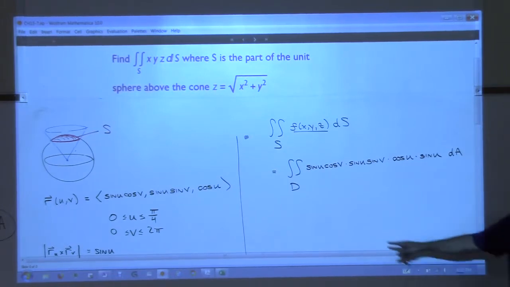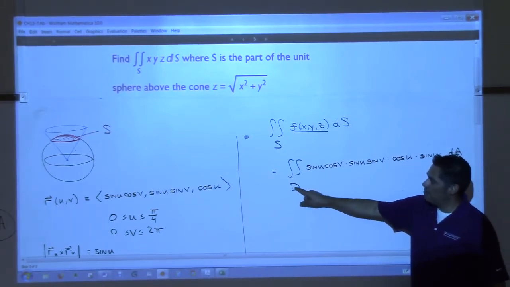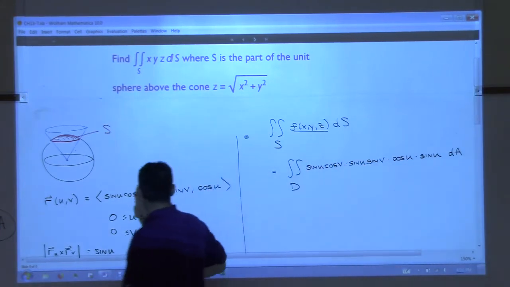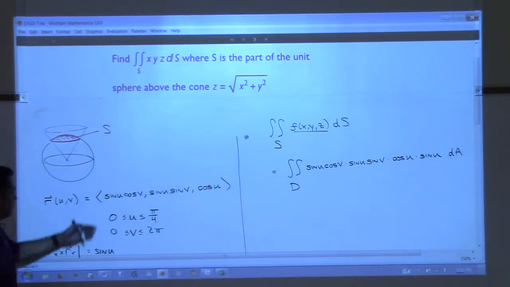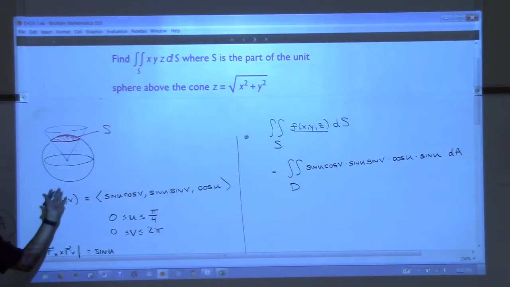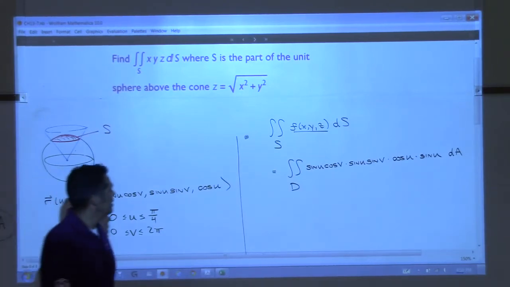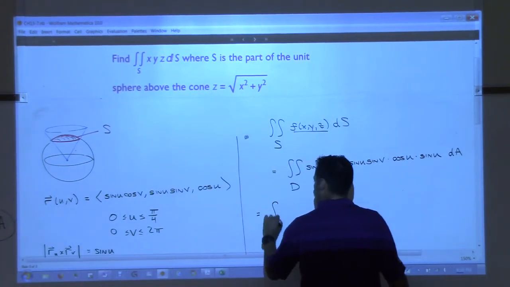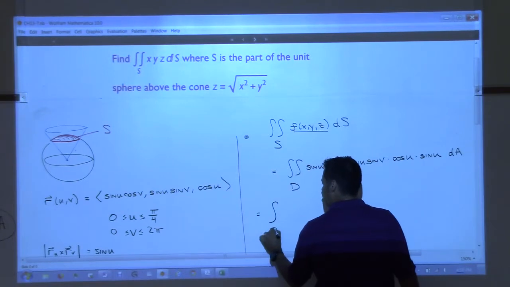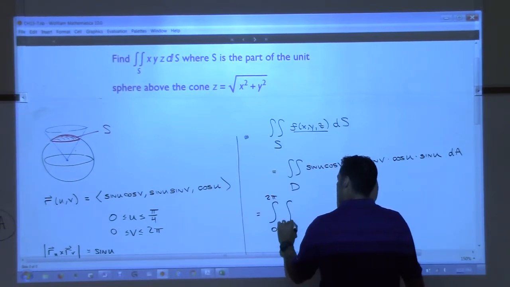And we know our restrictions here, don't we? For D, our restrictions are right here. And because they are both between two constants, it doesn't matter which order we set this up in. So this will become, let's do 0 to 2 pi first. Then we'll go 0 to pi over 4.